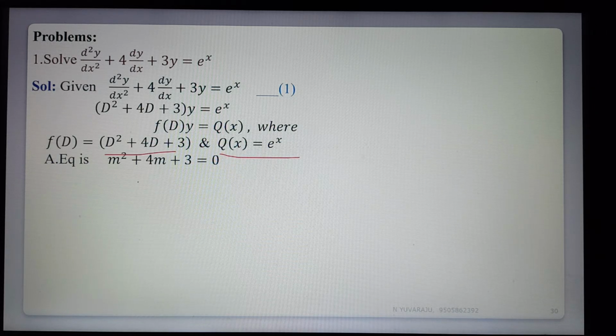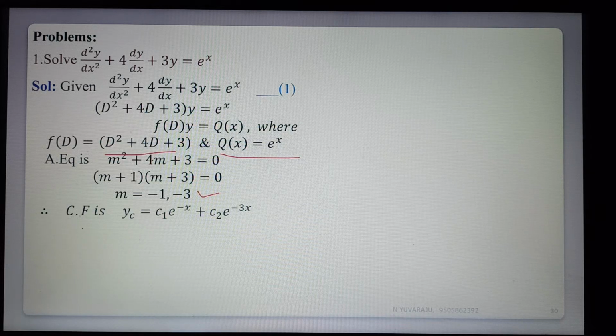The auxiliary equation is m square plus 4m plus 3 is equal to 0. Finding the roots, m plus 1 into m plus 3 is equal to 0, so m is equal to minus 1, minus 3. These are real and distinct roots, so the complementary function is C1 into e power minus x plus C2 into e power minus 3x.